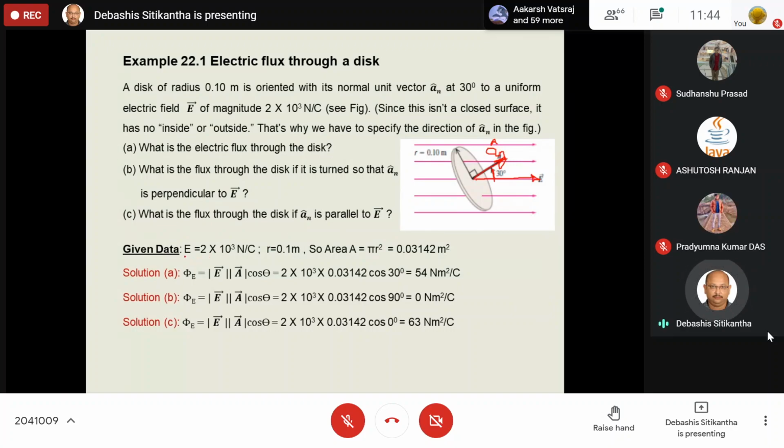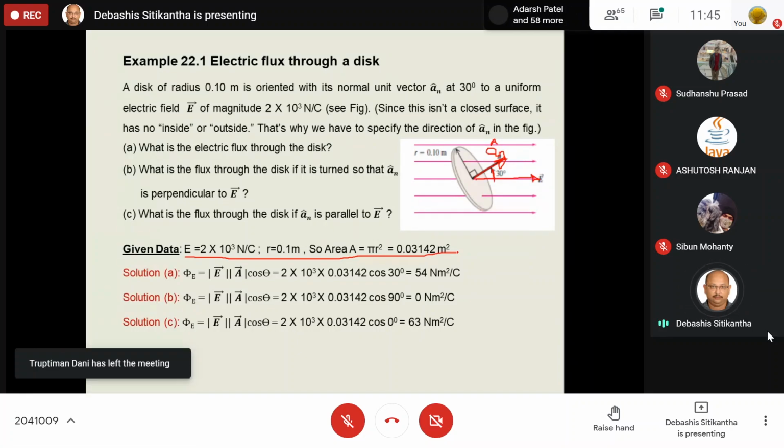Now over here you can see I have given the given data, because every time I have told you that whenever a problem is given to you, always write down what the given data are, what you need to find, and what is the most suitable expression or formula that you are going to make use of to solve the problem. I keep repeating these things because all of them carry some marks.